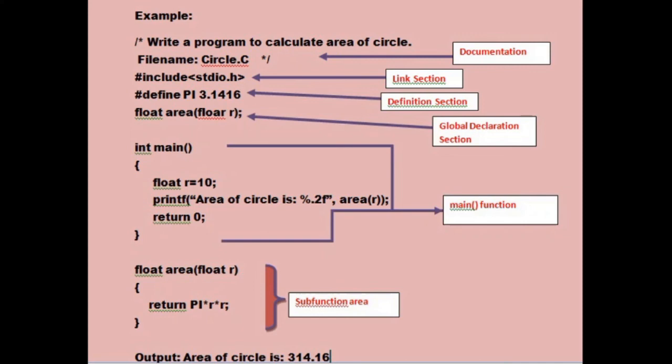As we know, the formula for calculating the area of a circle is pi r square, and in C language we are using the PI symbolic constant here, star r, then semicolon, and our function will compute the value and return the value to our main function where it is called, and with the printf statement it will be displayed on our screen.